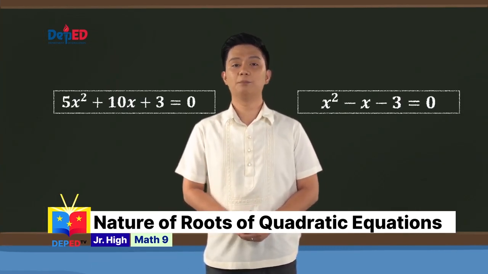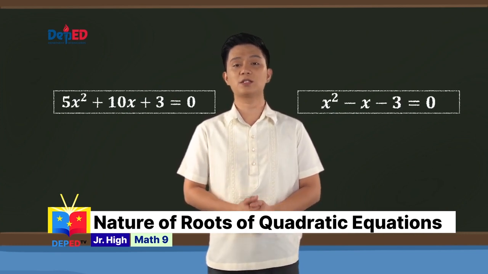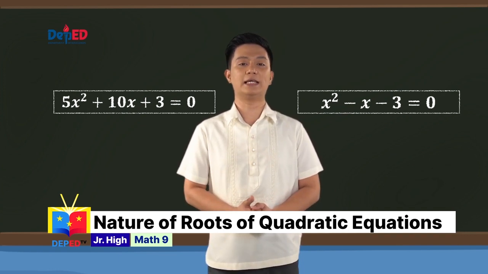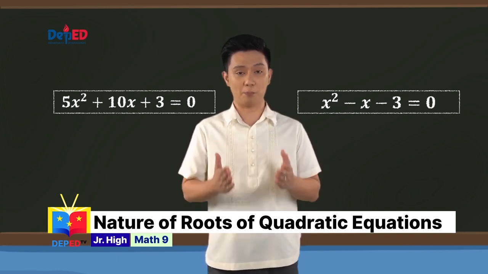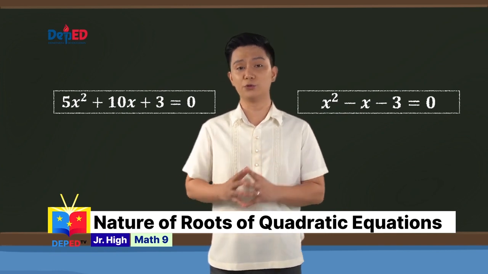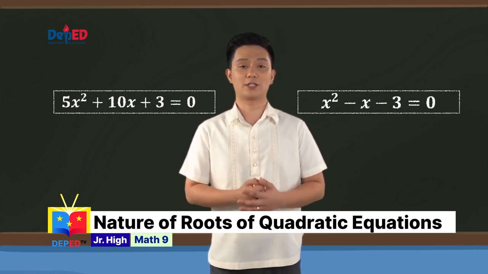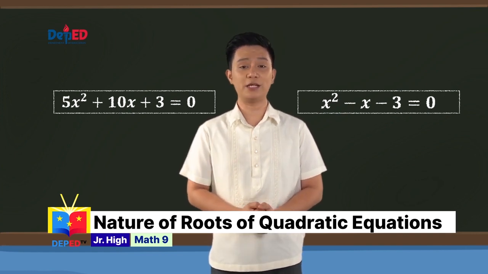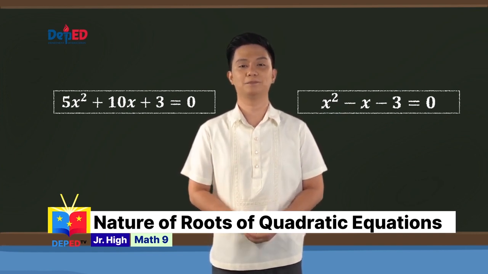5x squared plus 10x plus 3 equals 0, and x squared minus x minus 3 equals 0. This pair shall introduce us to a different case of discriminant root relationship. Let's solve the equation 5x squared plus 10x plus 3 equals 0 first.